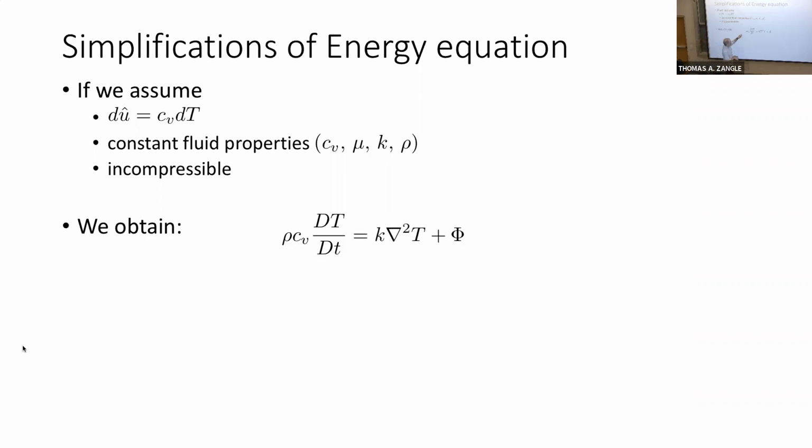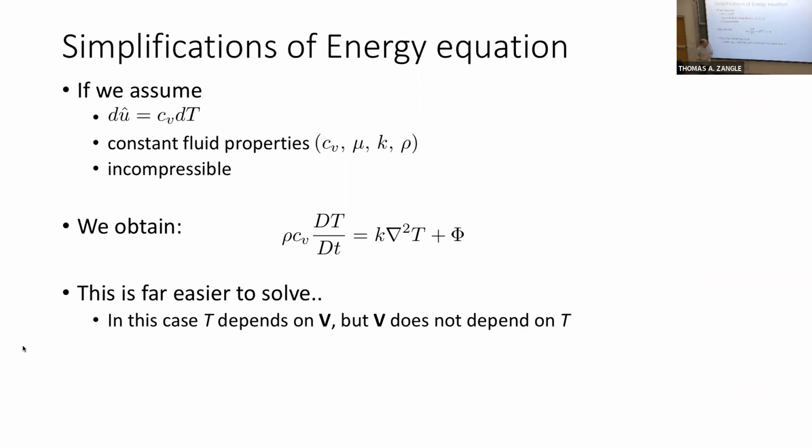Then we obtain this form of the expression, which is far easier to solve, right? Now we have written out most everything in terms of just the temperature, so we reduce this expression to primarily just temperature.